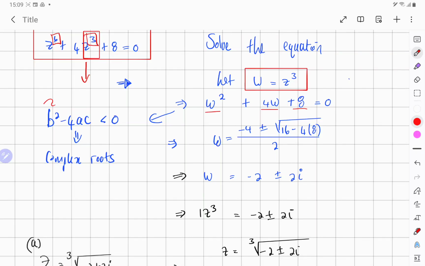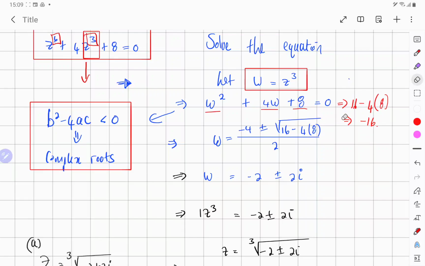That is very useful, and I see that is not something students use often, but it is useful here. In my example, I see that b squared is 16, minus 4 times a is 1, c is 8, so I get negative 16, and I'm sure that I'm doing complex roots.